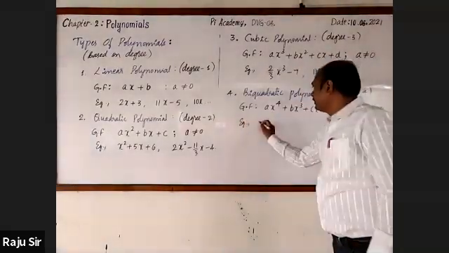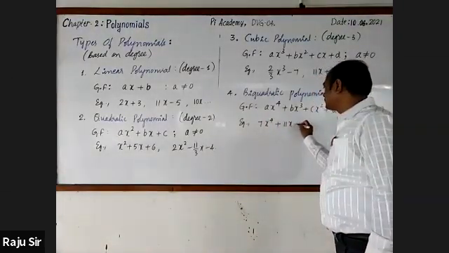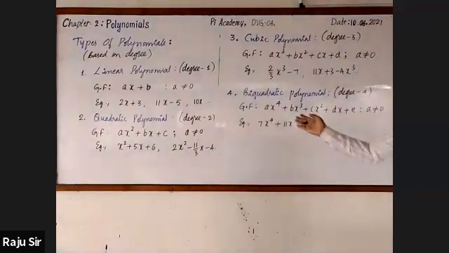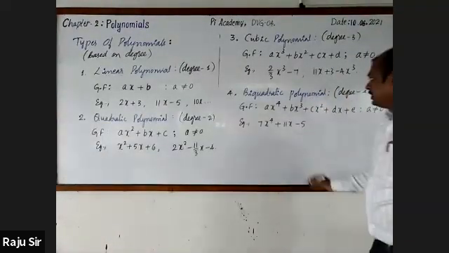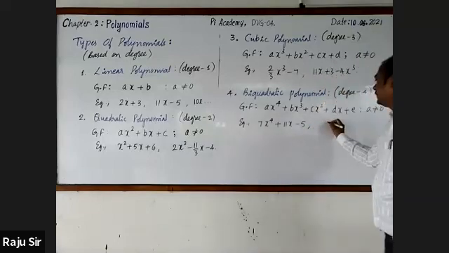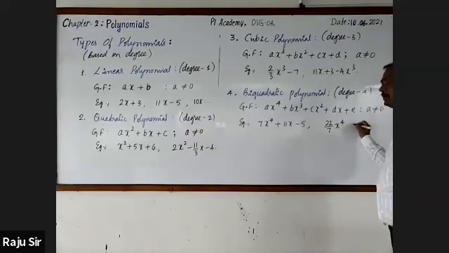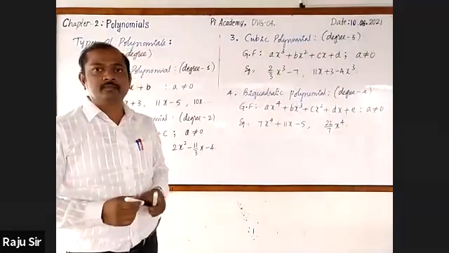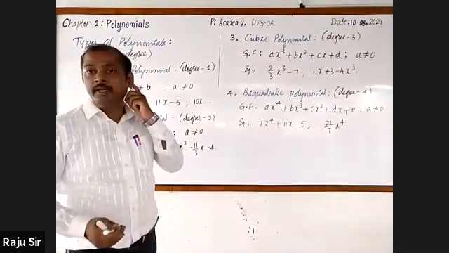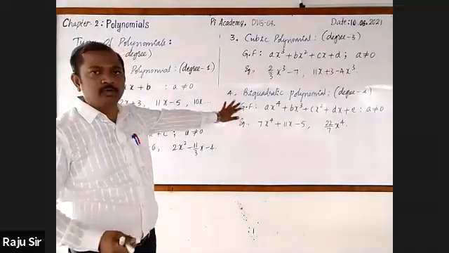It is 7x raised to the power 4 plus 11x minus 5. Your highest power is 4. Therefore, it is biquadratic. Even 22 by 7 x raised to the power 4 is also a biquadratic. Like that, many are there. It is better to have the information up to biquadratic.